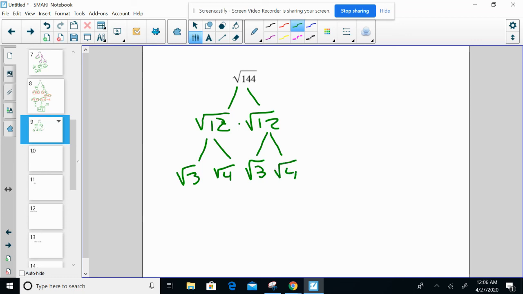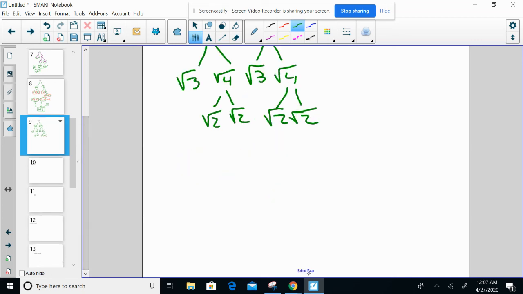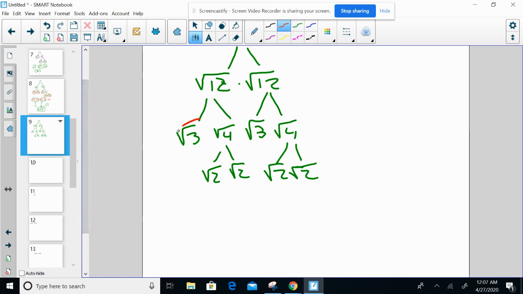What I want to show you is this process works whether it's a perfect square or not. So this is nice. If you don't recognize the perfect squares, especially as you get to bigger numbers, you might not. But what you notice is circle all of your primes. All right, list them out. Square root of 3. I'm going to put the square root of 3 next to it.